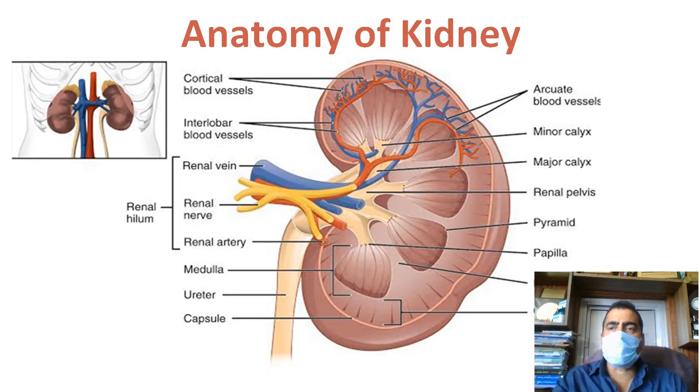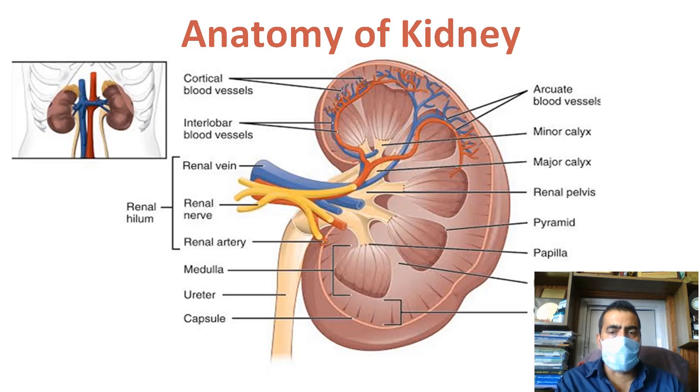You can see there are a number of blood vessels, and the kidney is also divided into minor calyxes and major calyxes. This is the renal pelvis, and then you can see the pyramid, then papilla, then the renal artery, which is responsible for transportation, then medulla, then ureters. The ureter is basically a tube-like structure coming out from the hilus portion of the kidney, which carries the urine towards the urinary bladder.